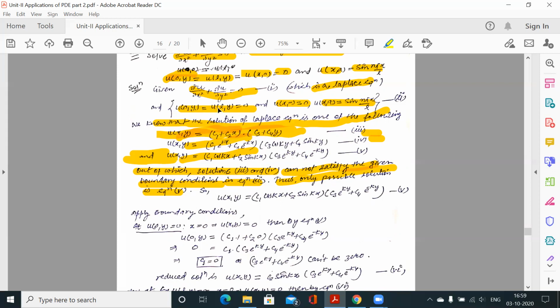Now apply u(L,y) = 0, keeping x equal to L. Because c1 is already 0, c2 L into something is 0, so either c2 is 0 or this factor is 0. But if c2 is 0, the solution is 0. If this factor is 0, again the solution is 0. So only the zero solution is possible. That's why we will discard this solution. This is not our solution. Clear? Similarly in this case, you simply apply these conditions and you will get the zero solution.